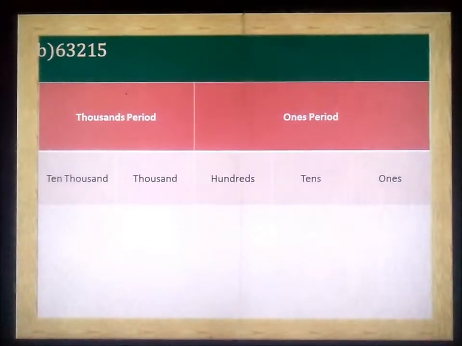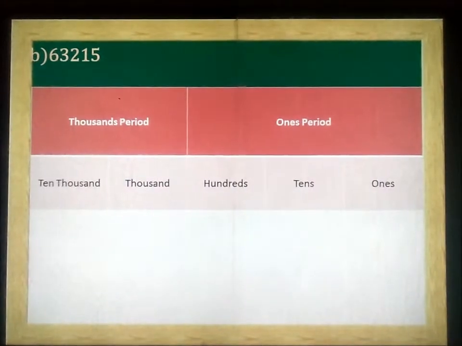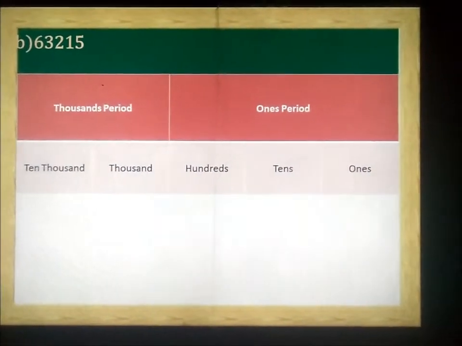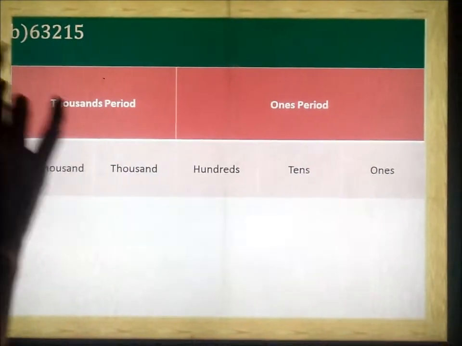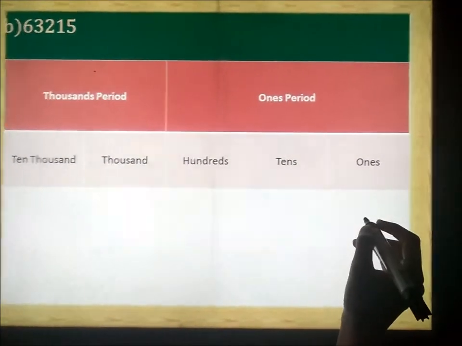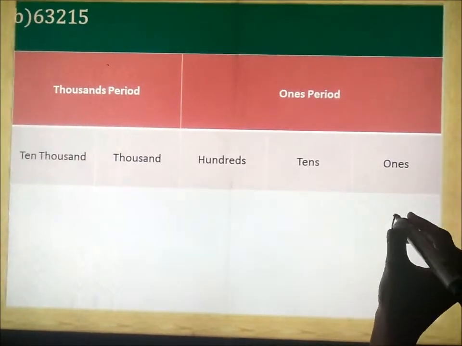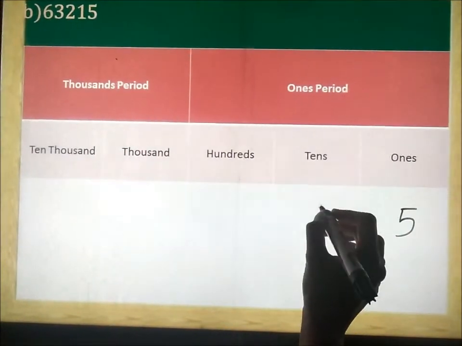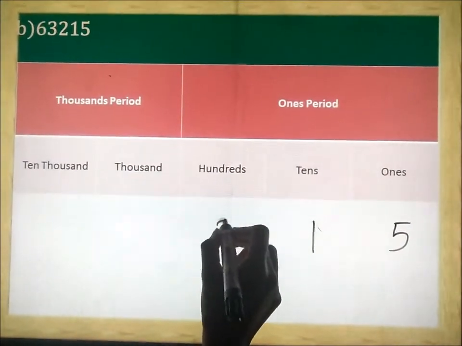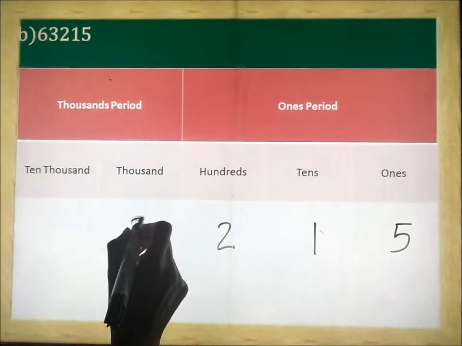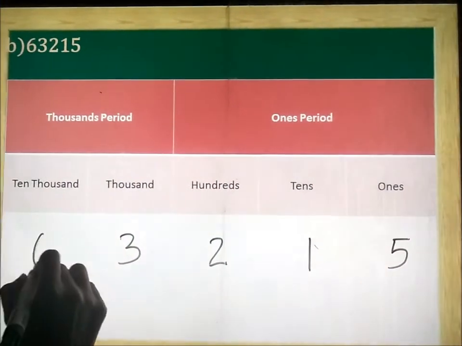Our next question for today is this number. We need to find the place value of this number. Again, we have to write the place value chart, and then we will put the number under the different heads. 5 ones, 1 tens, 2 hundreds, 3 thousands, 6 10,000s.